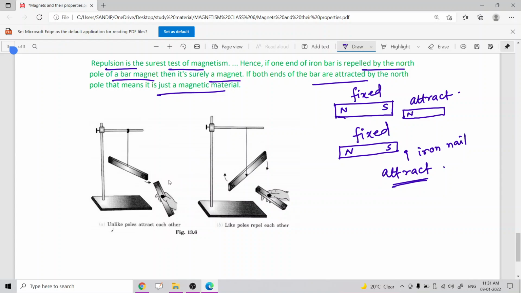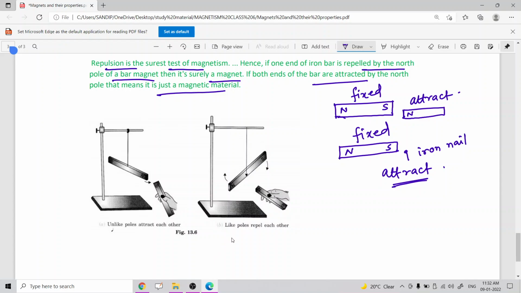If one end of an iron bar is repelled by the north pole, that means this is obviously a magnet. But if both ends of a bar are attracted by the north pole, then we can say it is a magnetic material.